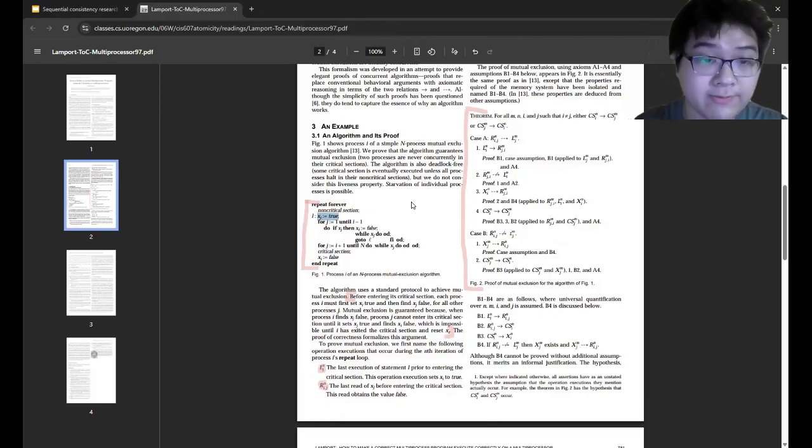So Xj is false. This makes sure that mutual exclusion is guaranteed.